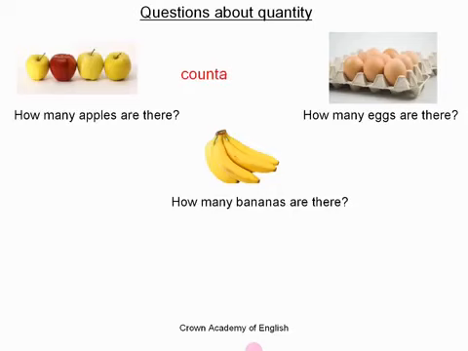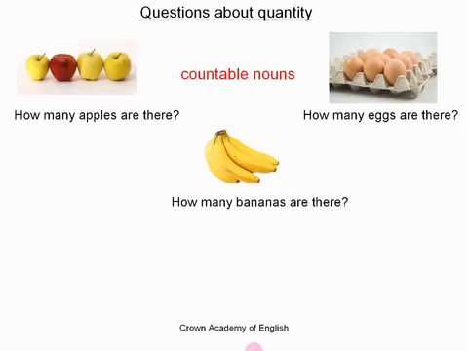So, the first thing we can say is that all of these nouns are countable nouns. A countable noun is a noun that is a separate object that we can count, and it can exist in the singular or the plural.